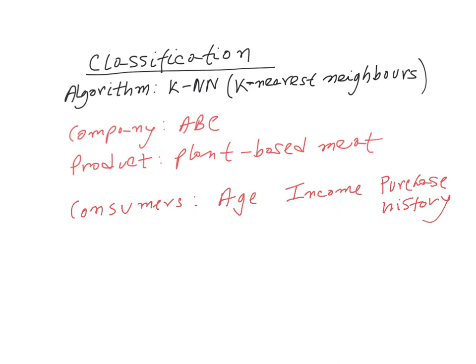So they have the data set, and they know the age of the consumers, their household income, and also their purchase history. Now this company would like to offer discount vouchers to their consumers.